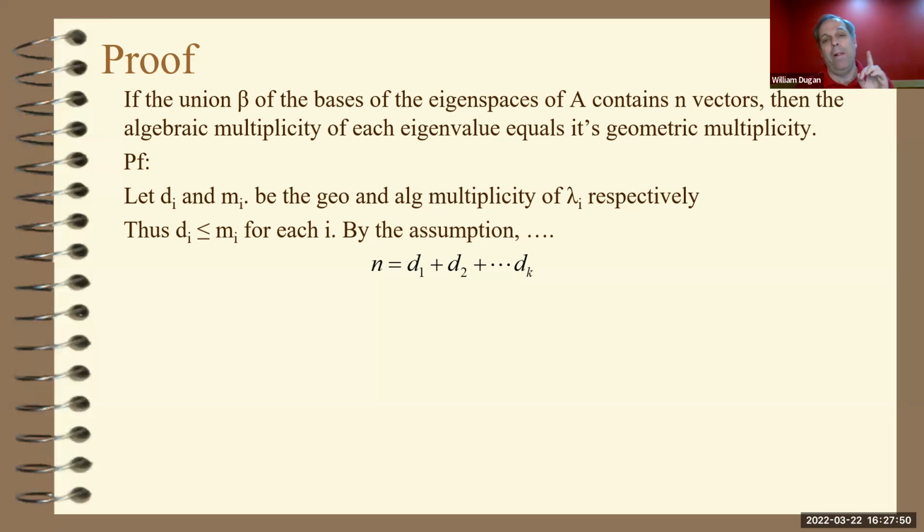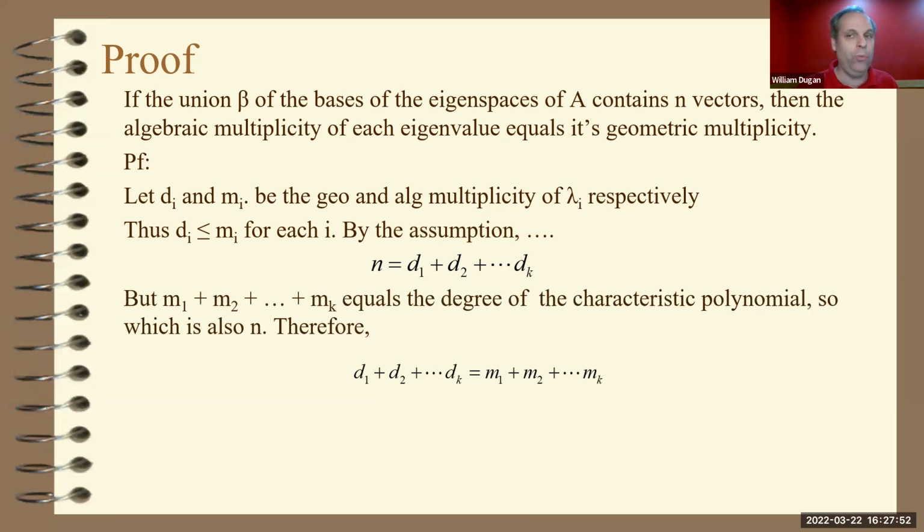But we also know that the sum of the algebraic multiplicities of these eigenvalues has to equal the degree of the characteristic polynomial, which is n. So m1 plus m2 plus up to mk also equals n. So these two sums are equal to each other: d1 plus d2 up to dk equals m1 plus m2 up to mk.